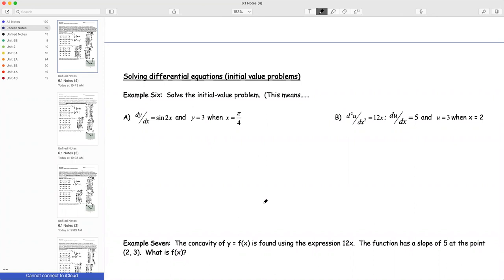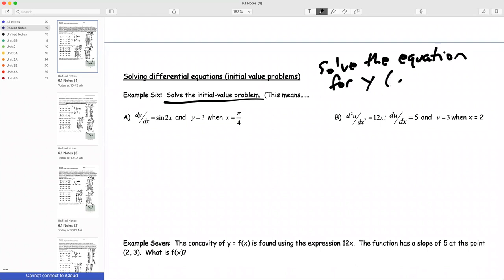Here, whenever it says solve the initial value problem, that means we are going to solve the equation for y, or another variable, the original equation.